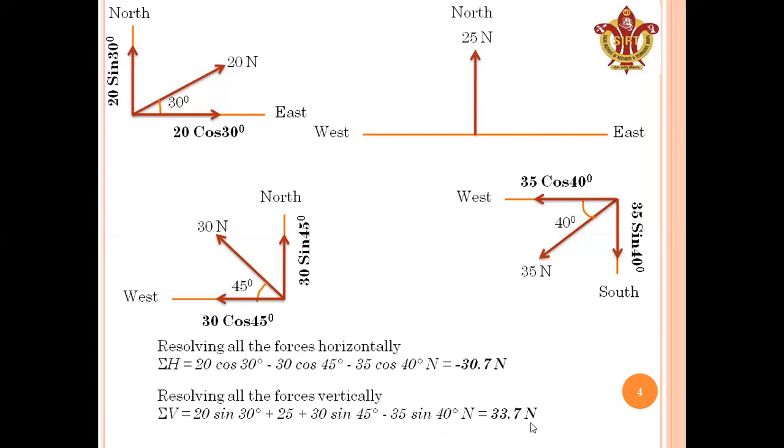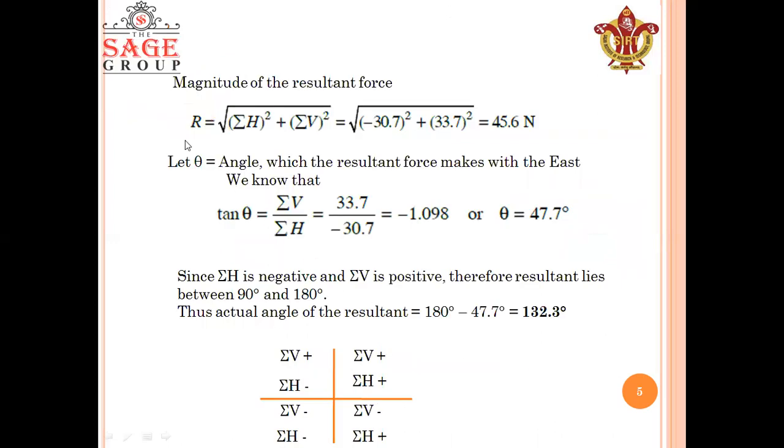Similarly, summation of V is 33.7 Newton. We know that the resultant R is equal to the square root of summation of H squared plus summation of V squared. Substituting the values, we get 45.6 Newton. This is the magnitude of the resultant force.